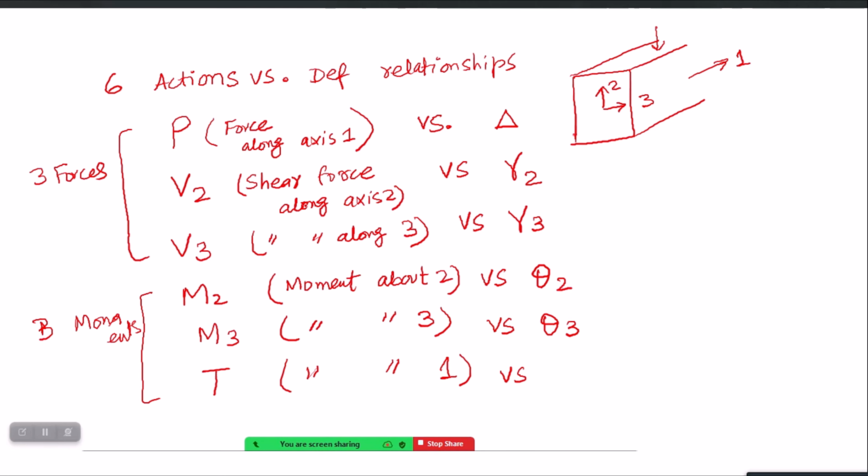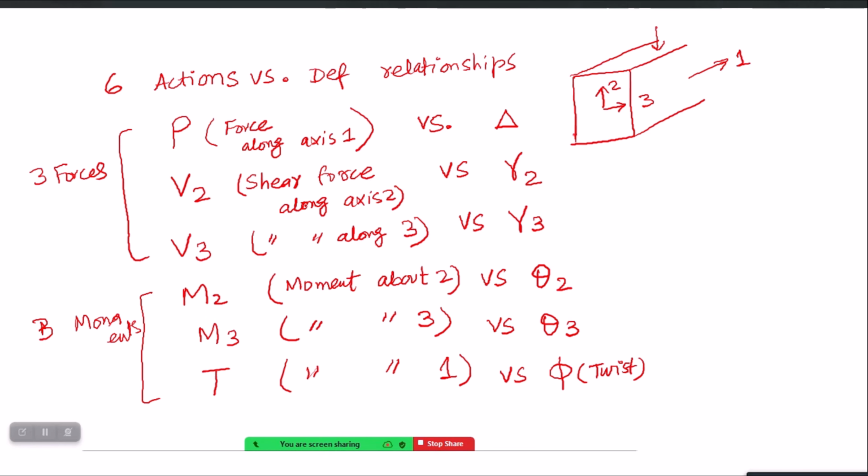Let's represent that twist with, let's say, some other symbol, maybe phi, for example. So let me just write twist here so that you do not mix it with any other notation.